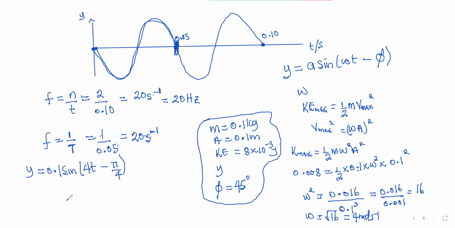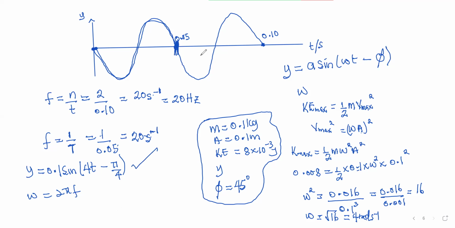That is the displacement equation. If you want to express it in terms of frequency, don't forget omega can also be 2 pi f. So you can find the period and express it that way, but omega is actually 4. This is the easiest way to go about the problem.